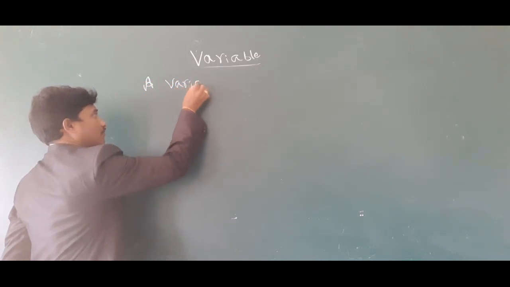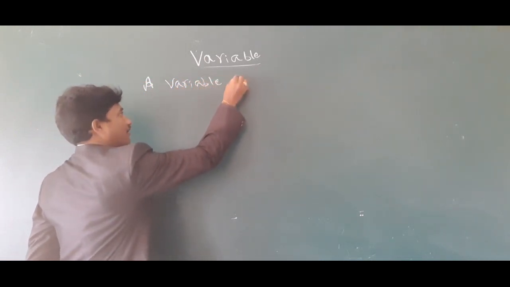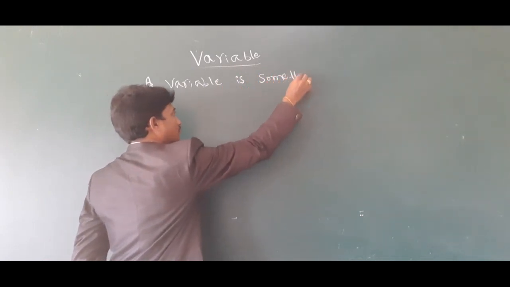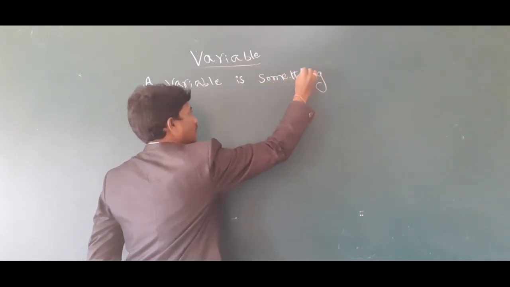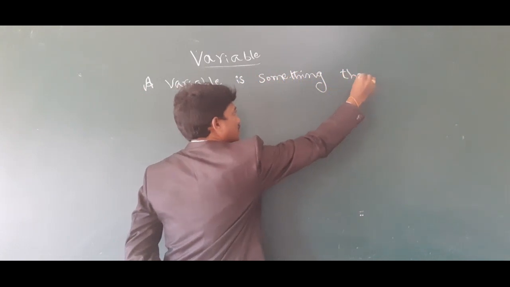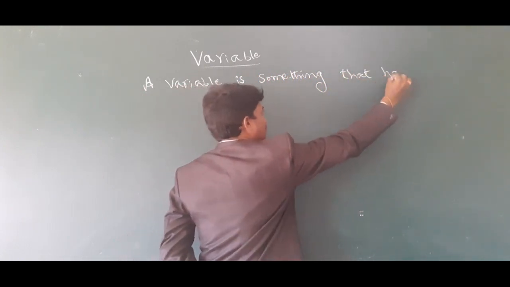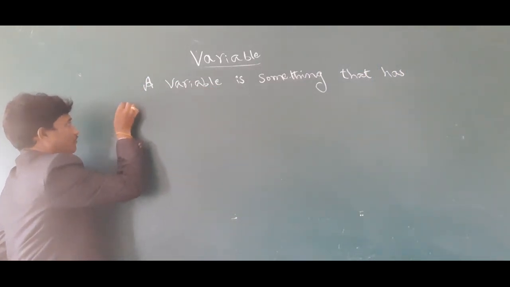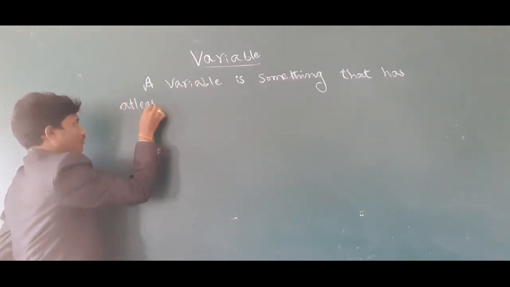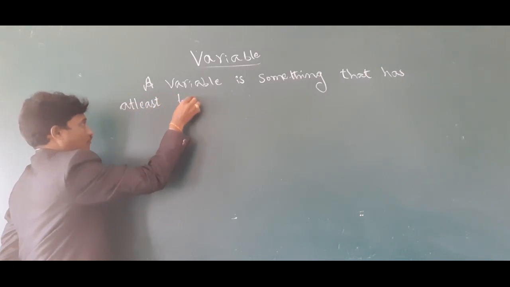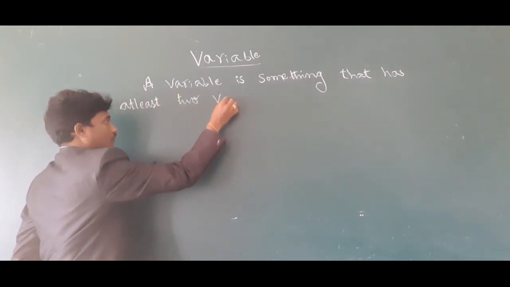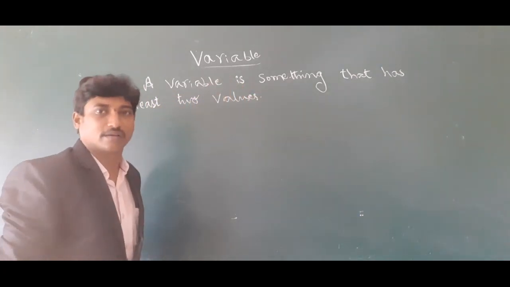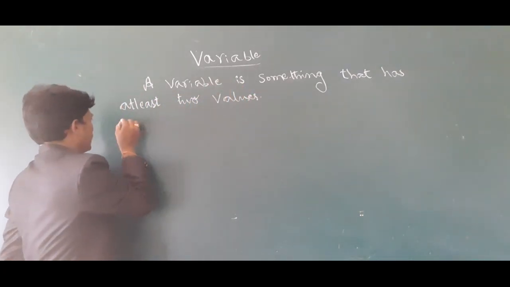A variable is something that has at least two values. Let us take one example.